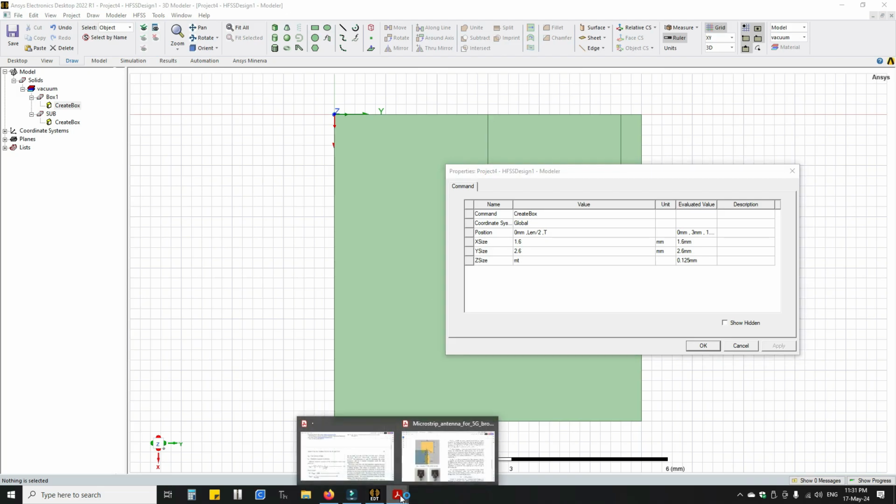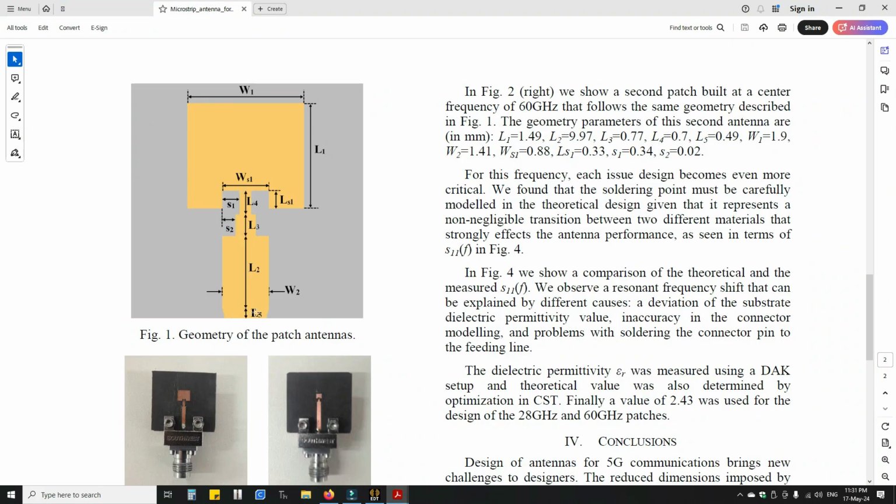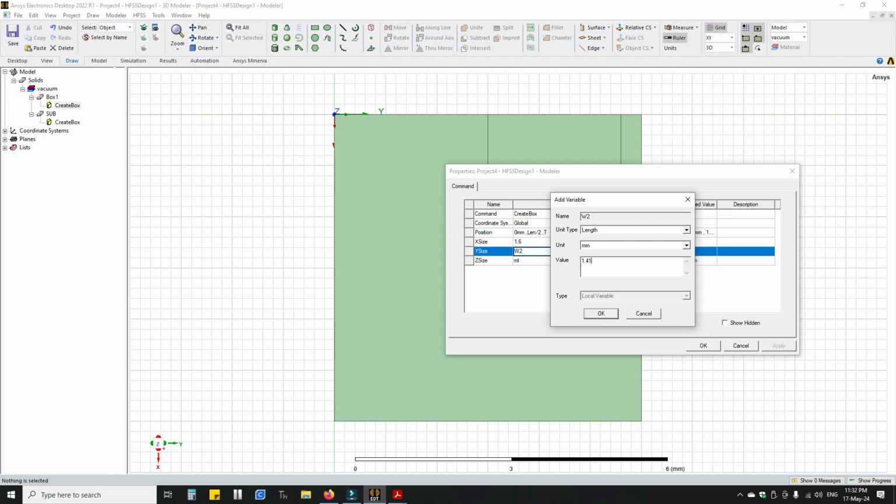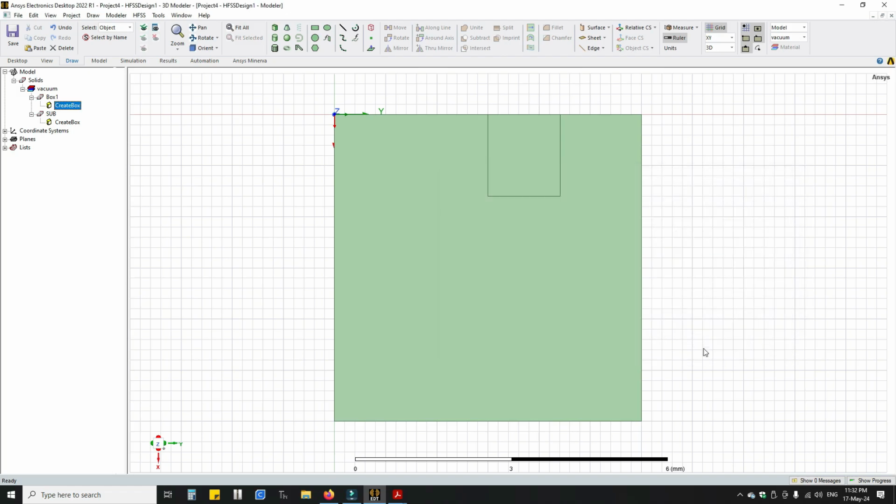Now again, see on the paper, it is described that at the bottom the width is W2. The width W2 is 1.41 millimeters, which is already here.